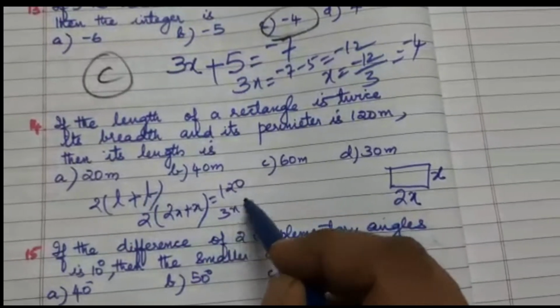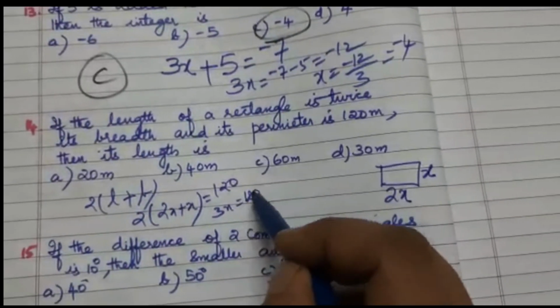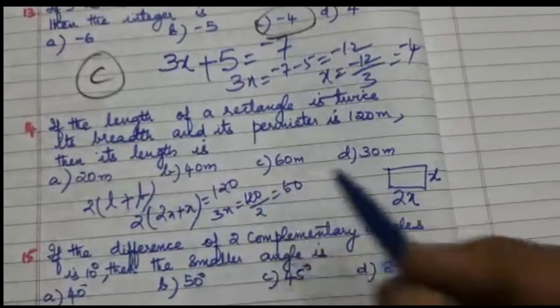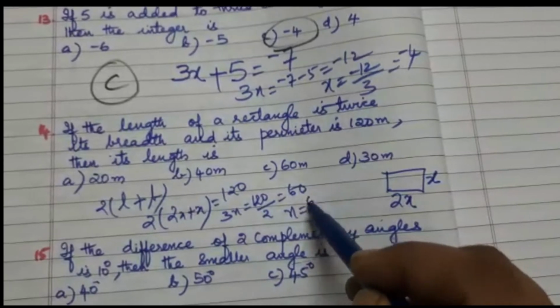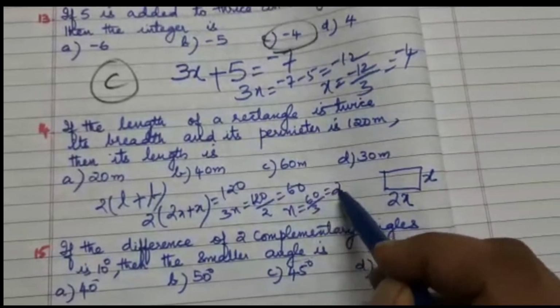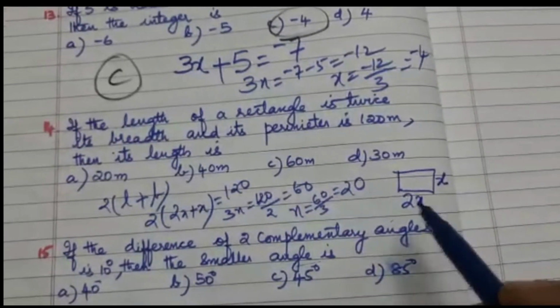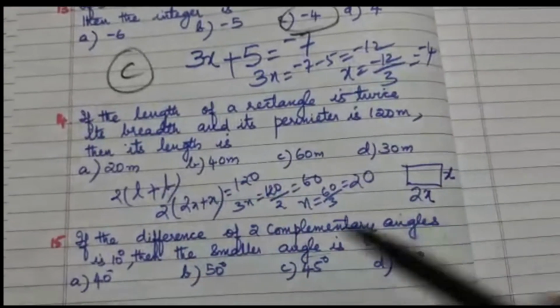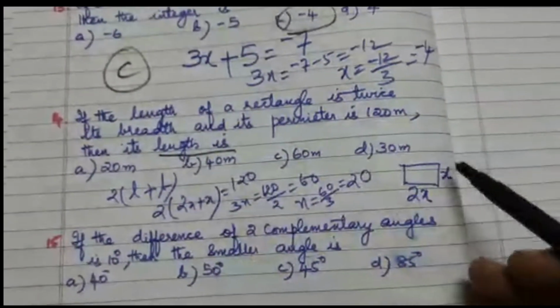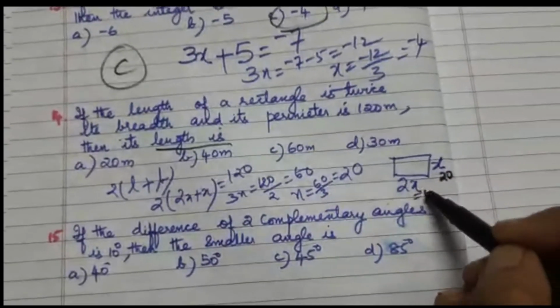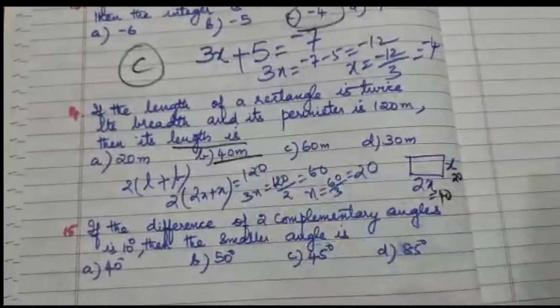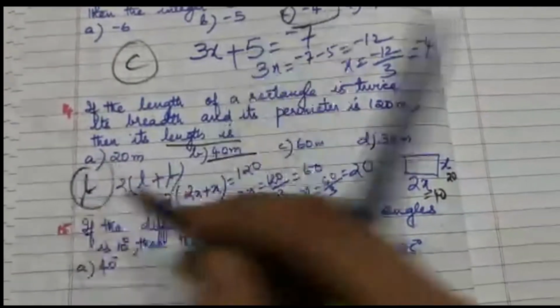So 3x is equal to 120 by 2, that is 60. Now what is x? X is equal to 60 by 3, that is 20. X is breadth. What is asked? You are asked to find the length. So x is 20 means 2x is equal to 40. The answer is B.